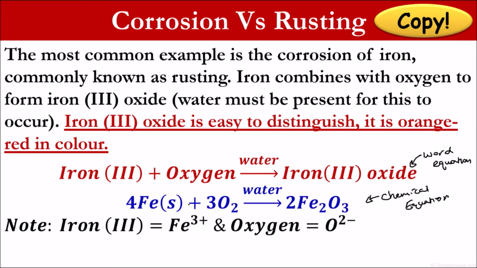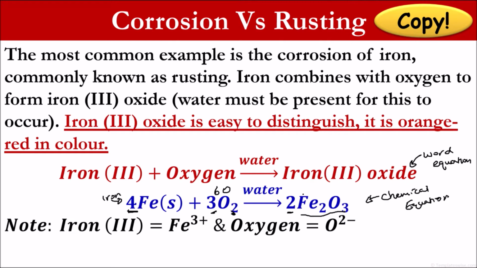So to make this iron 3 oxide, we need 4 irons, 6 oxygens in total, and then that'll give us 2 iron oxide molecules.